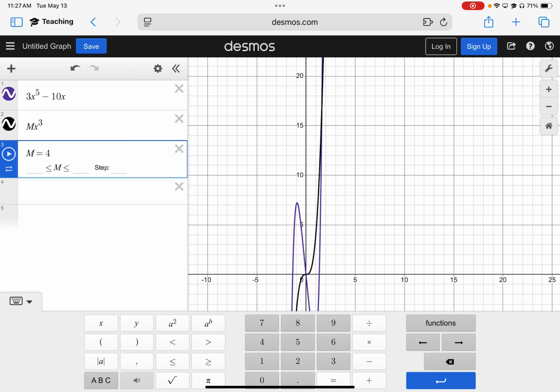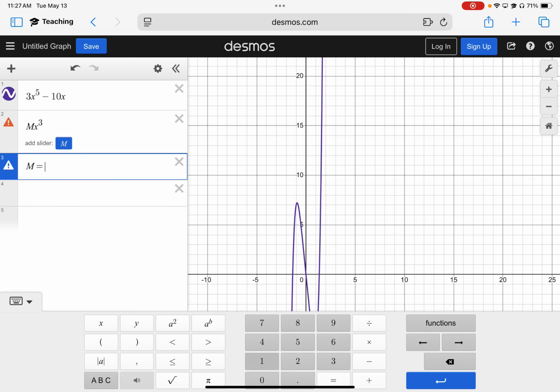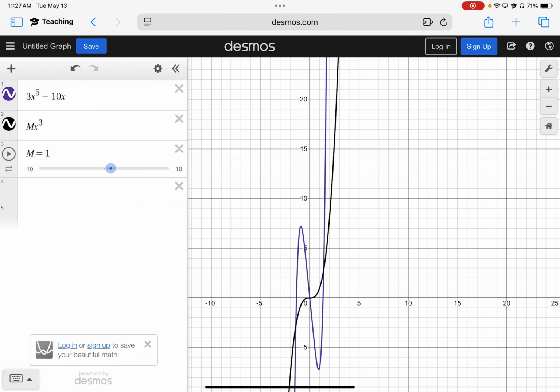Oh, and I'm going to set m to 1 to start. A usual big O statement, like 3x to the 5 minus 10x is in big O of x cubed, would mean that eventually 3x to the 5 minus 10x is always less than or equal to some constant multiple of x cubed.